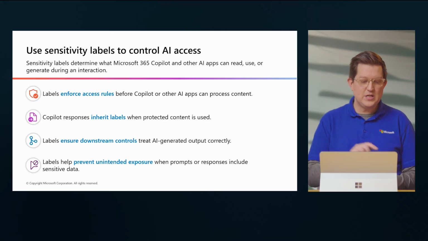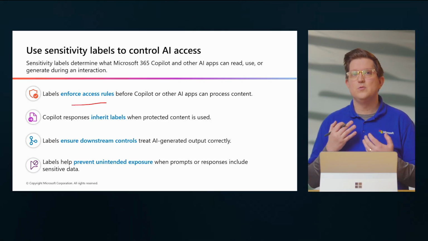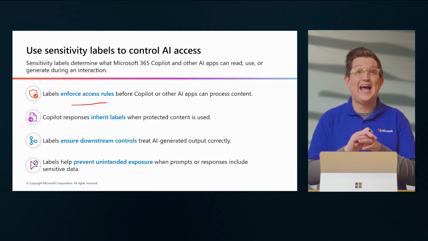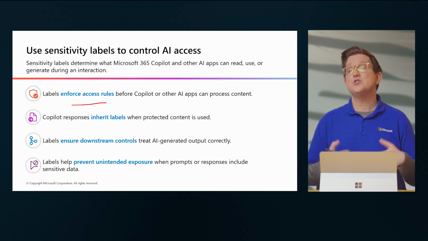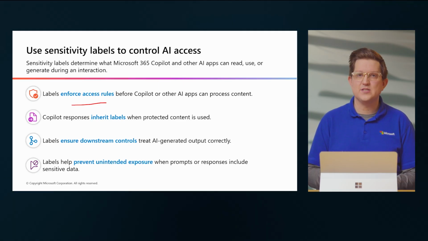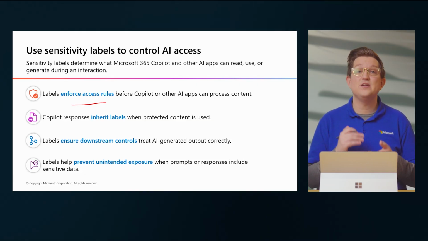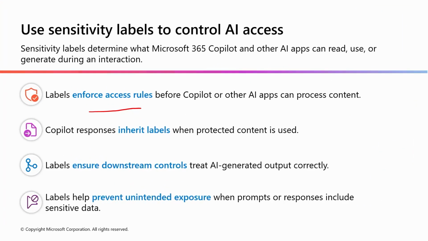However, separate to that, we do have a mechanism to enforce access rules around what sensitivity labels AI tooling should be able to see at all. If there are additional protections you wish to put in place, you can essentially use these labels as a way of safeguarding interactions to ensure that users, even if they are otherwise privileged to see certain types of data, only use authorized information within the generative tooling.